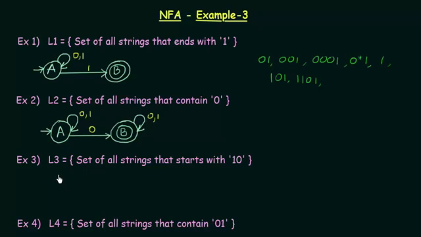Okay, and then the third one, L3 is the set of all strings that starts with 1, 0. It should start with 1, 0. So I start with my starting state or initial state A, and A on getting input 1, I will send it to the next state, which I will call state B, and B on getting input 0, I will send it to the next state, which is C, and which will be the final state.